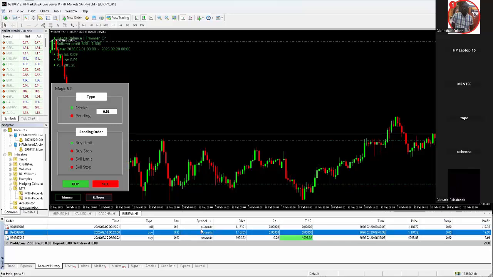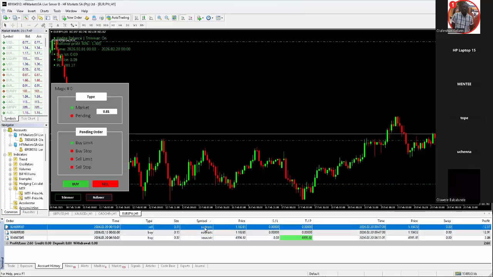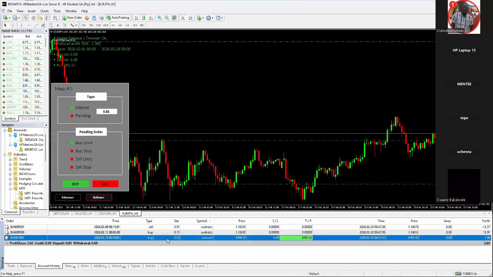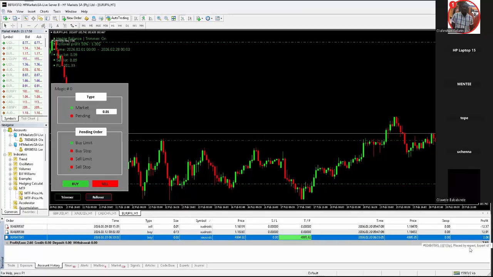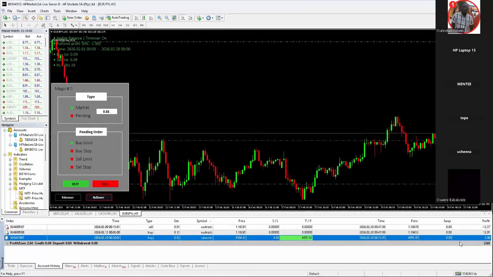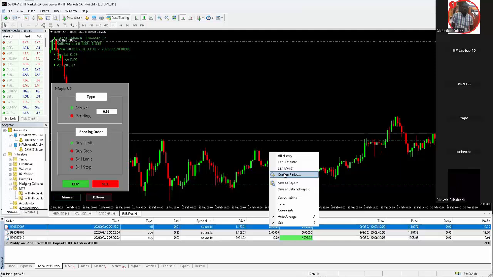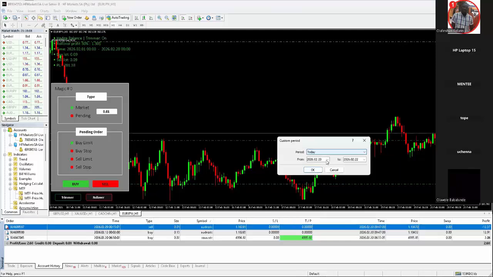I'm not the one; you can see that it has trimmed this trade perfectly. And the robot placed one trade on gold, which is $2.66. So on this account, we did $2.60.